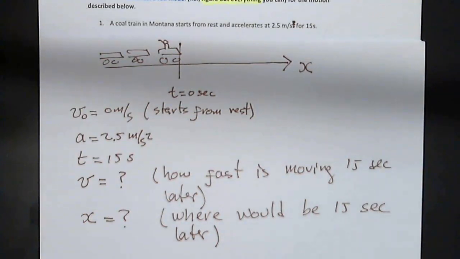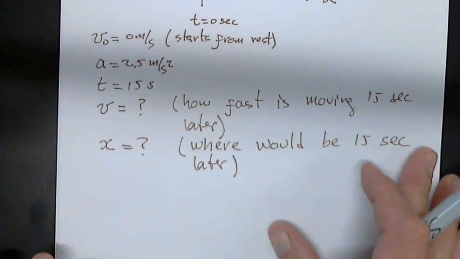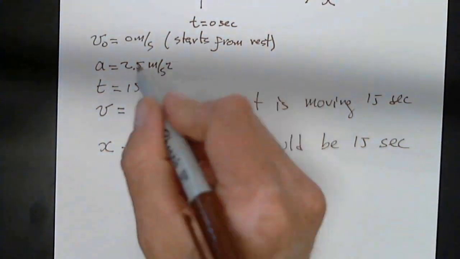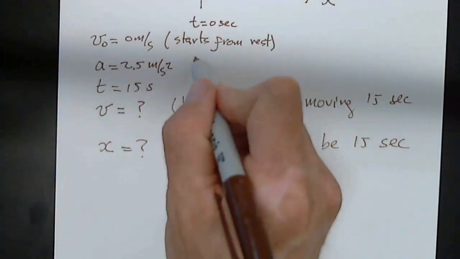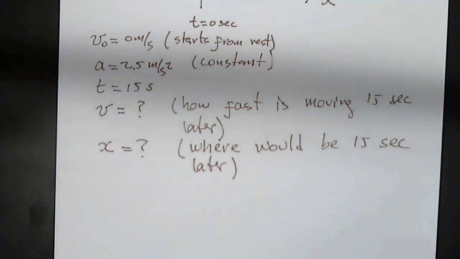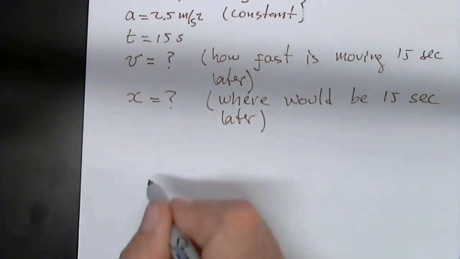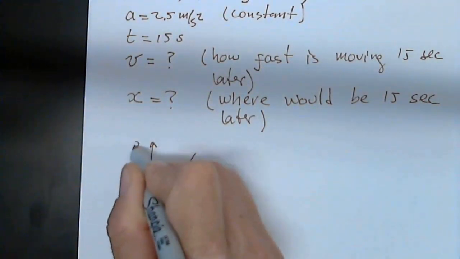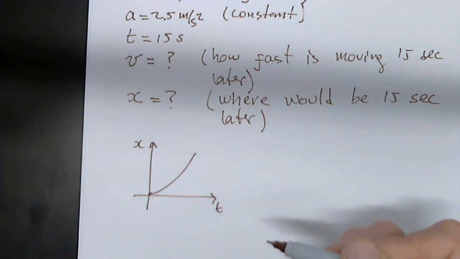Okay, so we are going to keep it simple like that. Let's find how fast it's moving and where it's located 15 seconds later. This is motion with constant acceleration. We are going to assume that the acceleration is constant. And the implication of that is that you know how the motion is. The motion exhibits a quadratic function for the position and time graph.